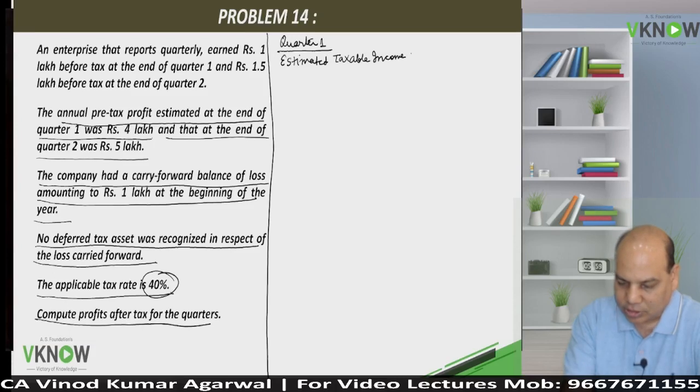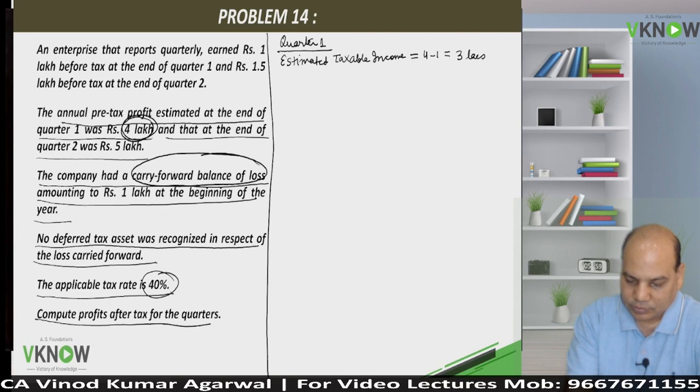Estimated taxable income of the first quarter will be 4 lakh is your estimated income, 1 lakh is carry forward loss, 4 minus 1, 3 lakhs.